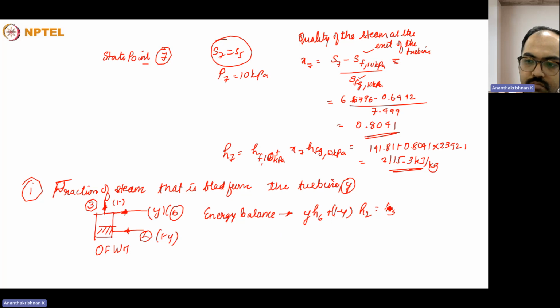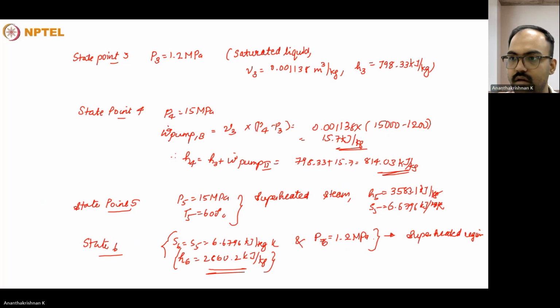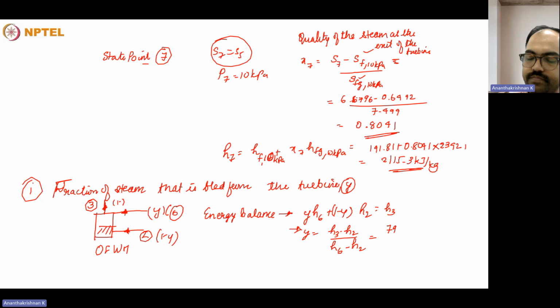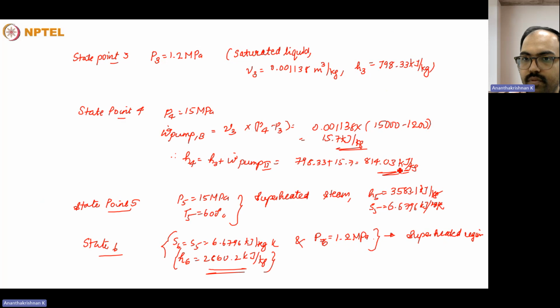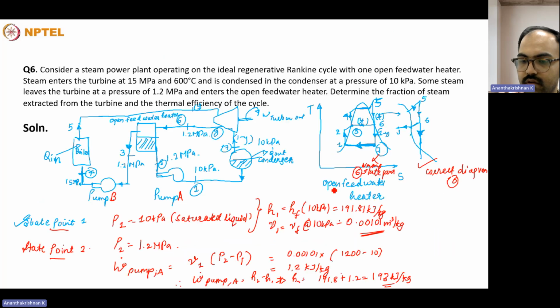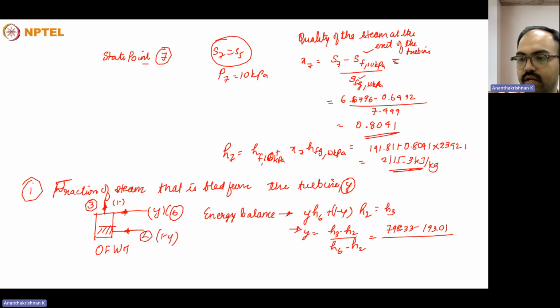We know every term, so Y will be, just rearranging the terms, H3 minus H2 divided by H6 minus H2, mathematical simplification. Substituting the value of H3, we have calculated H3 to be 798.33 minus 193.01, that is H2, the pump output of the low pressure pump, divided by 2860.2 minus 193.